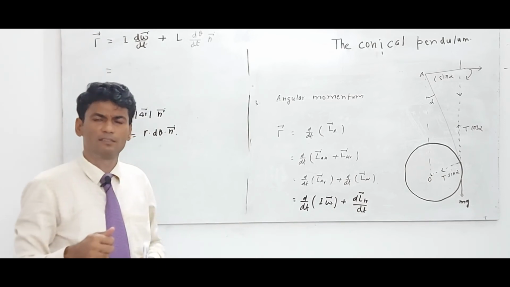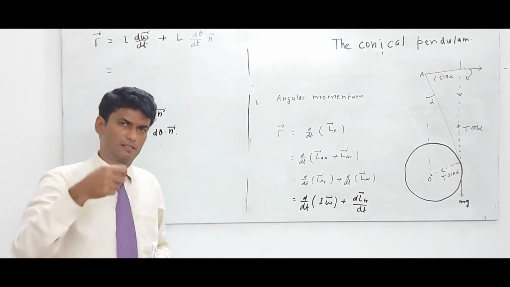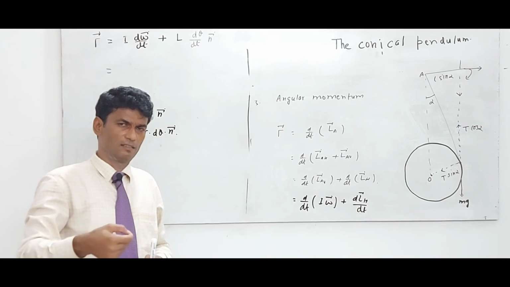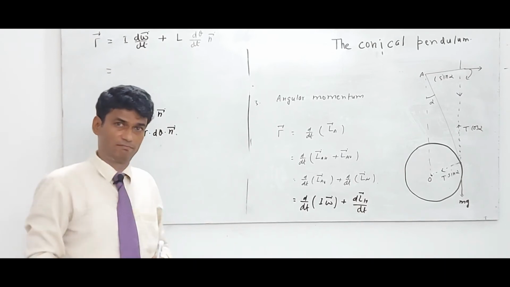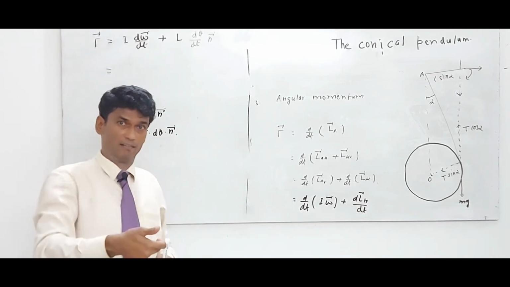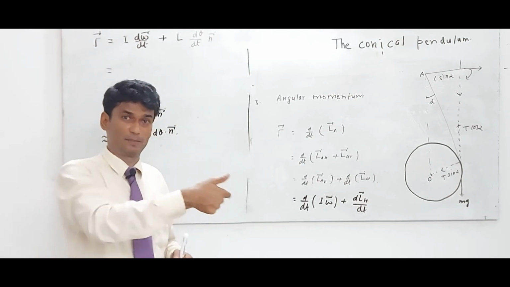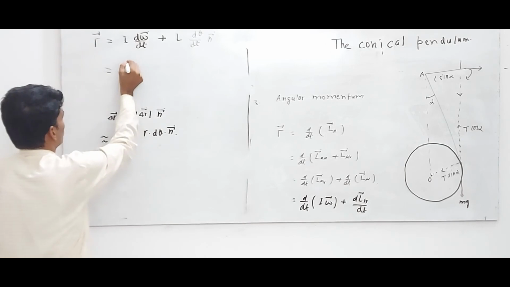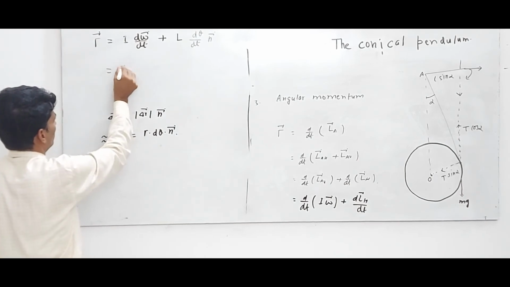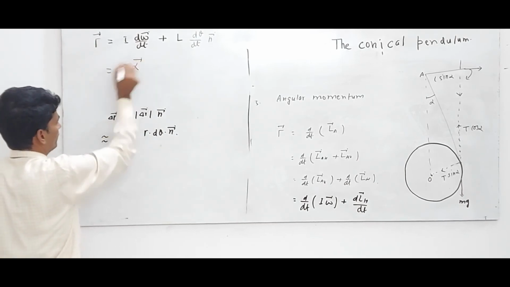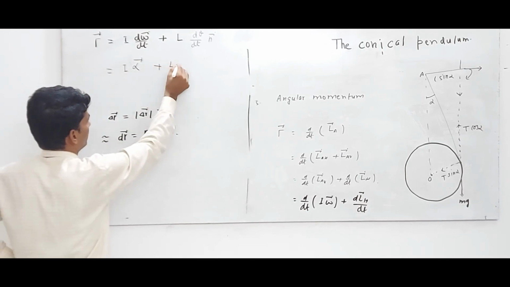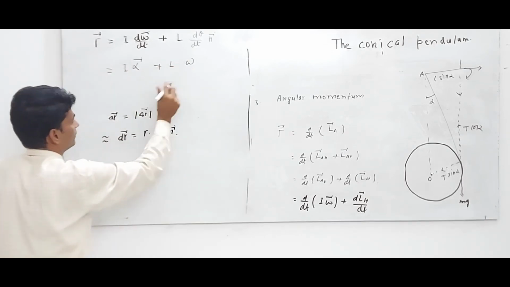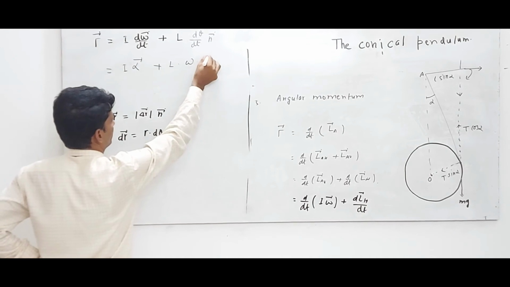Why constant? Because I just maintained a certain angular velocity, you may maintain it once you are performing the experiment. So here firstly we write I alpha plus L, this is omega into unit vector n.